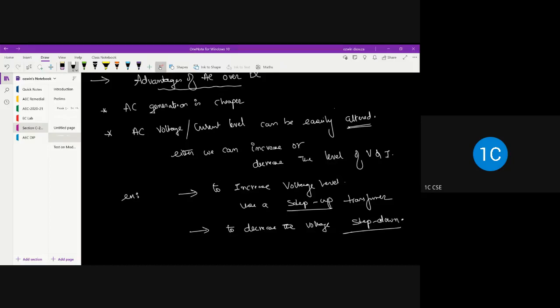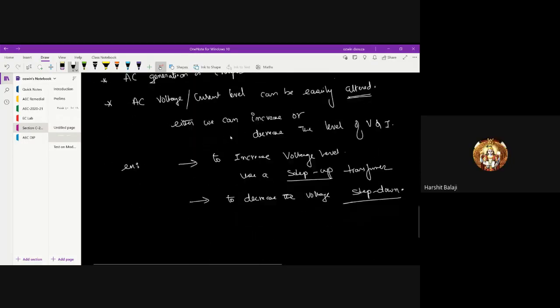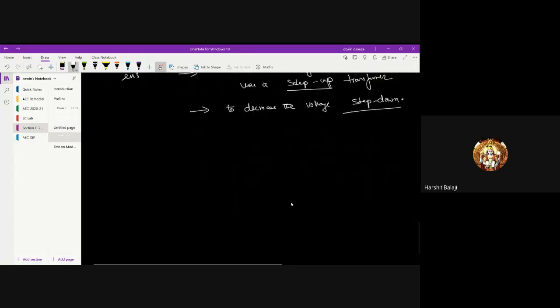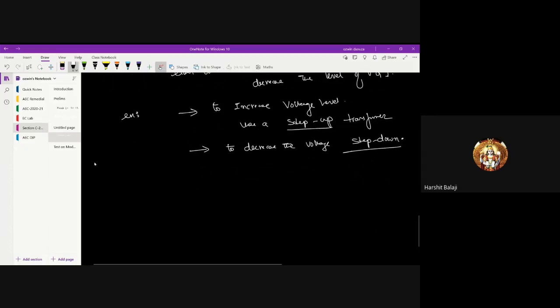Why? Can anyone tell me? What will happen if you connect DC supply to a transformer? Nothing can happen, since the voltage or current does not change, there's no magnetic flux. So the other coil does not get any power.